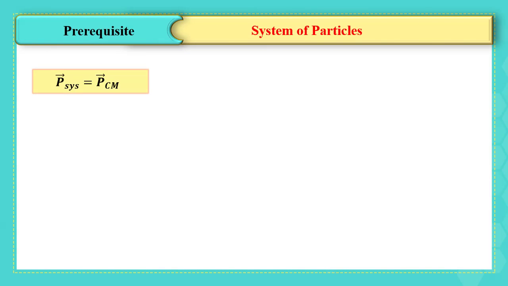We have studied before that the linear momentum of a system of particles is equal to the linear momentum of the center of mass of the system.